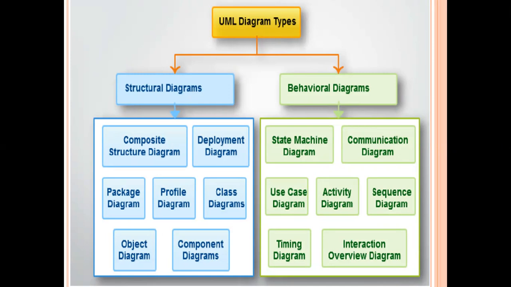The behavioral diagrams are state machine diagram, communication diagram, use case diagram, activity diagram, sequence diagram, timing diagram, and interaction overview diagram. Structural diagram means it shows the structure of the system, and behavioral means the diagram shows how the system behaves with users.